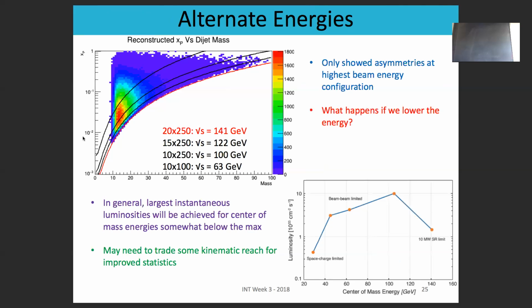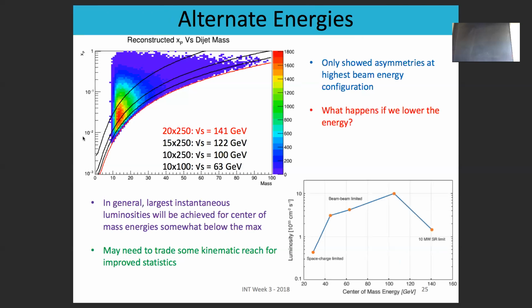But if we want to try to wring out as much integrated luminosity as we can, it may be advantageous to back off the root S a little bit to get to higher instantaneous luminosity. So this is a plot of instantaneous luminosity versus center of mass energy. And as you can see, as you back off the maximum range, you increase your instantaneous luminosity.